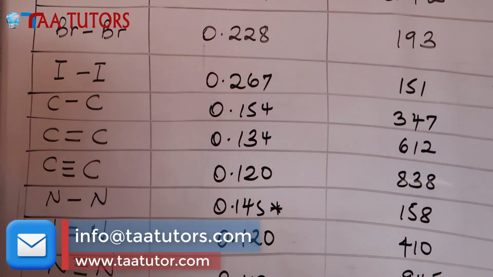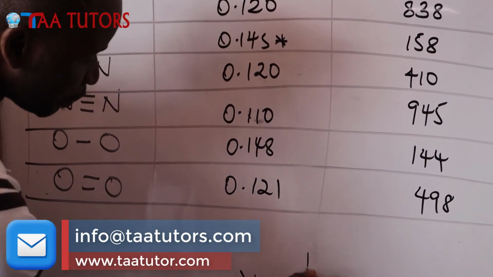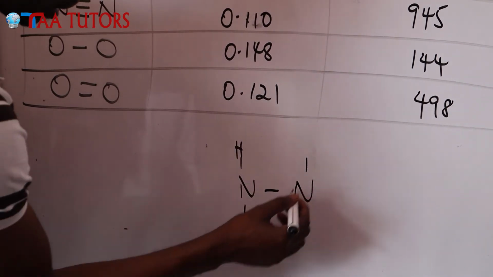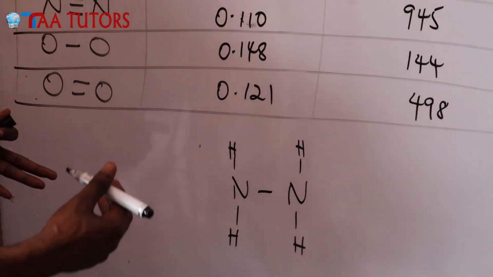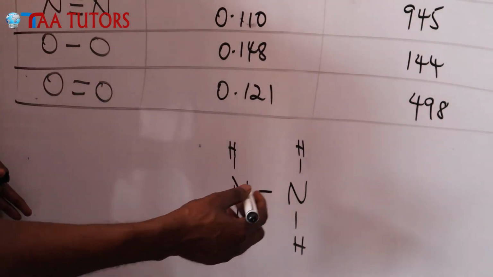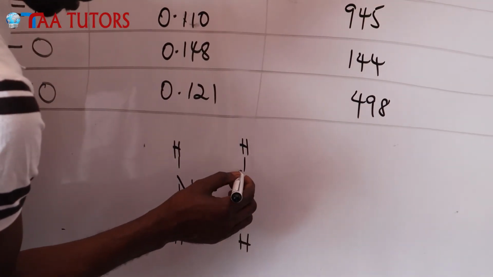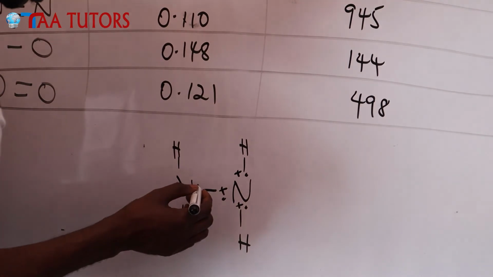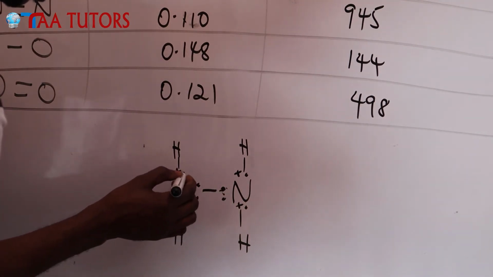The reason is that if you look at the nitrogen single bond here, I want you to imagine nitrogen very well. Nitrogen is number 5. So once we have one here, one here, one here, let me say dot cross.